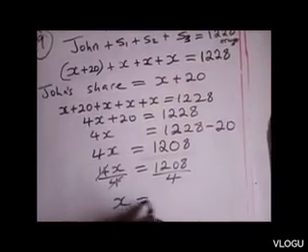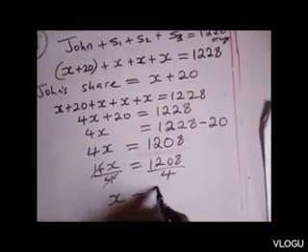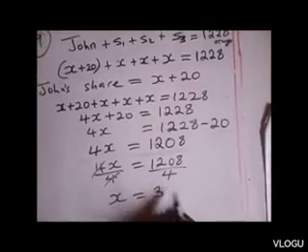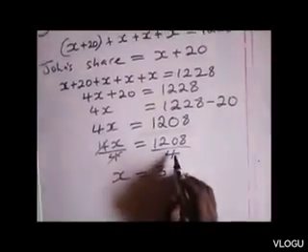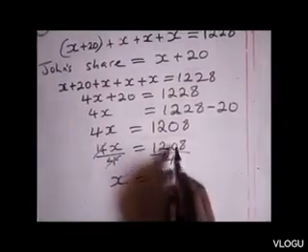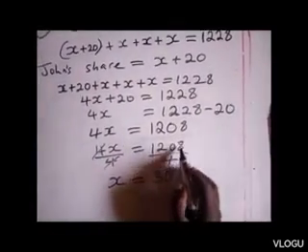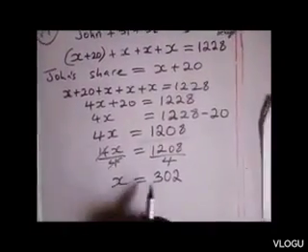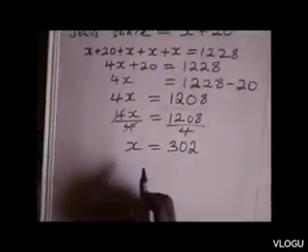So x here, 4 in 12 is 3. Don't just say 4 in 8, 2. That will get your answer wrong. 4 in 12, 3. 4 in 0, this is 0. Then 4 in 8, this is 2. So this is the share of each of the sisters. Now let's get John's share.